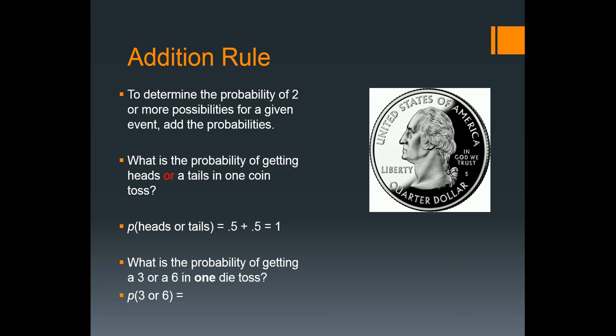Or what's the probability of getting a 3 or a 6 in one die toss? That would be 0.333, because you can just add the two probabilities together.